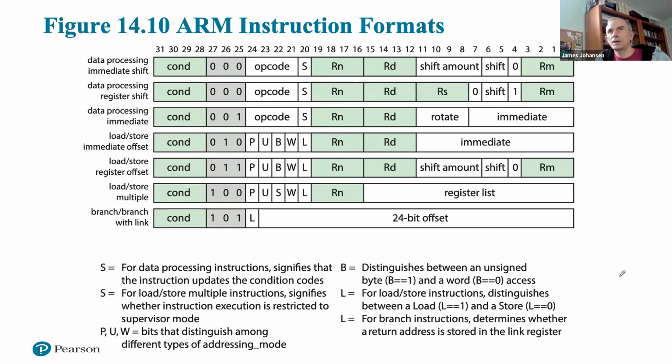And then the ARM has a fixed length. And so everything is 32 bits. And so here we can see the different kinds of modes that are possible. This is showing data processing immediate shift, data processing register shift, data processing immediate, load store immediate offset, load store register offset, load store multiple, branch, and branch with link.